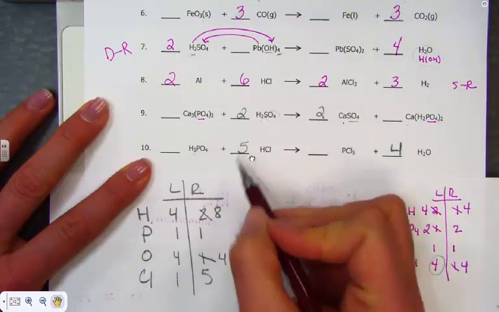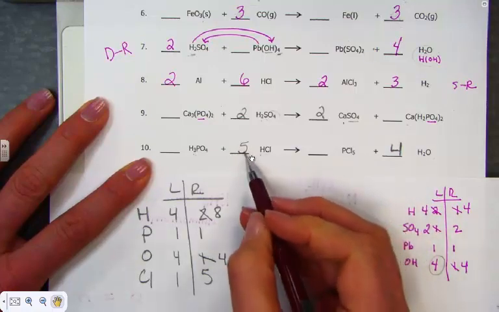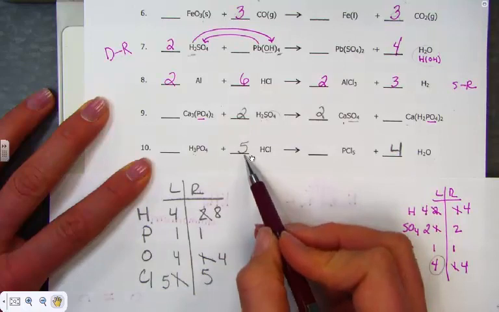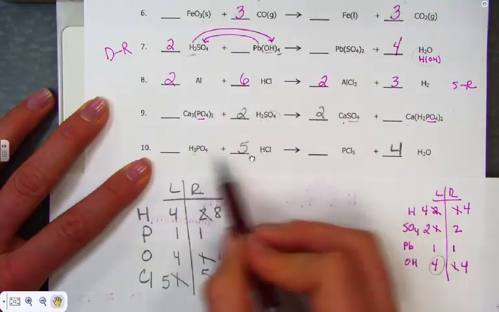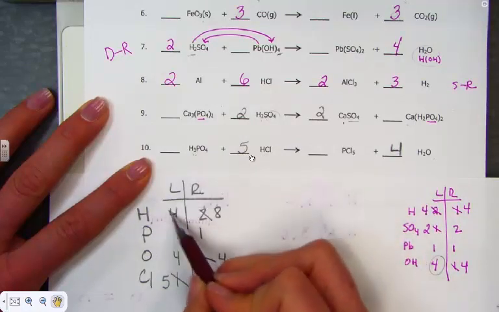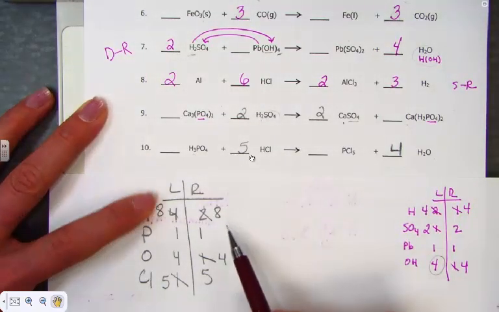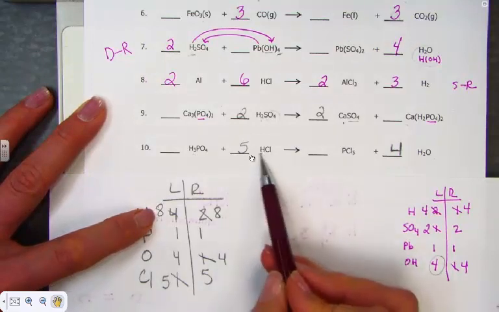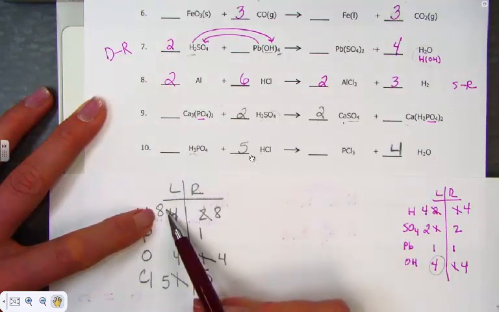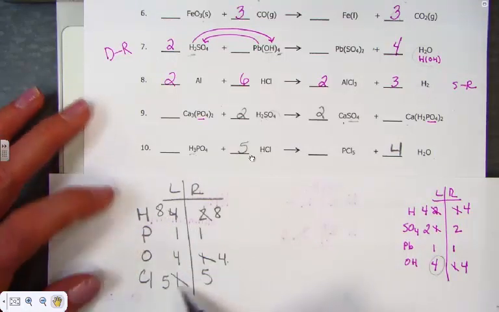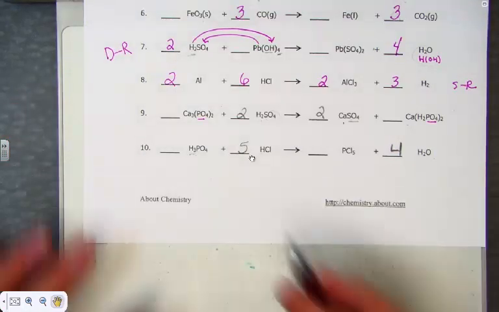Let's put a 5 on the left and repair the T-chart. 5 chlorines, and then counting, there's 5 H's plus 3 more is 8 H's. 8 hydrogens. 5 and 3 additional is 8. 1 P, 4 O's, and 5 Cl's.